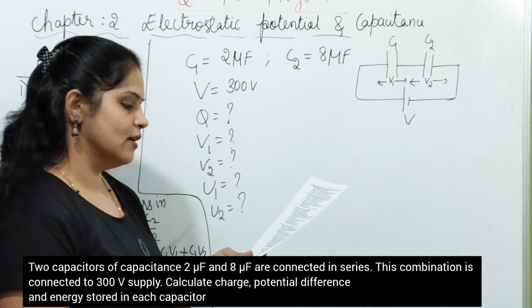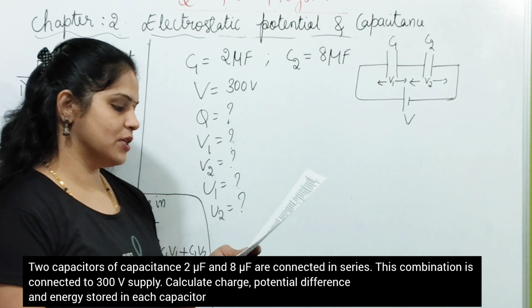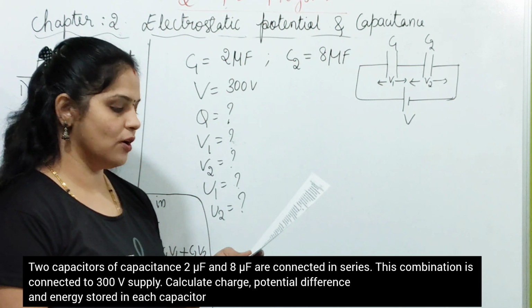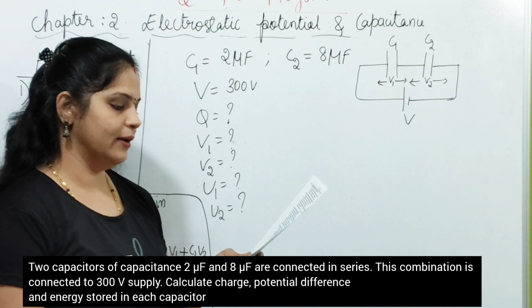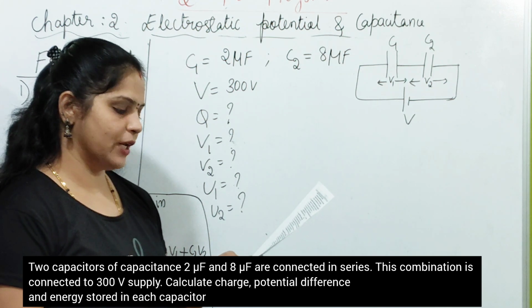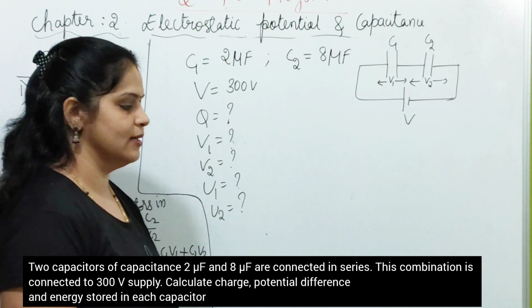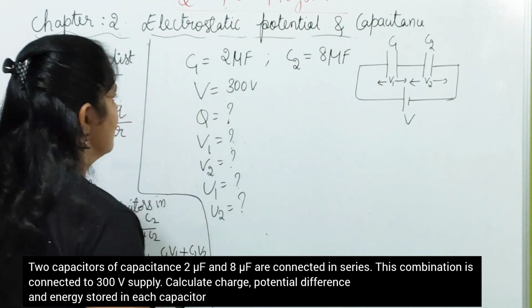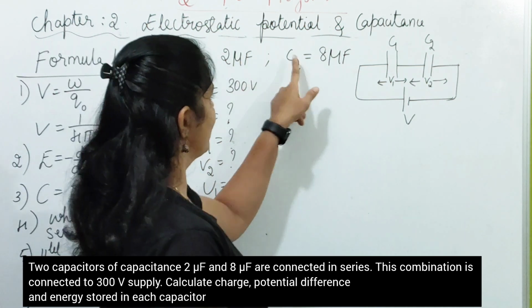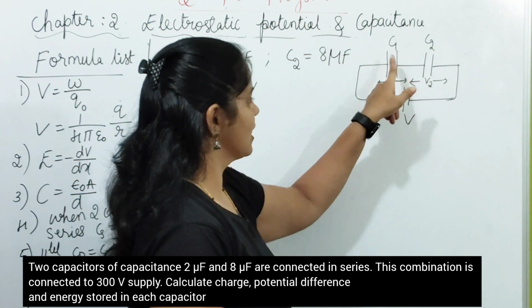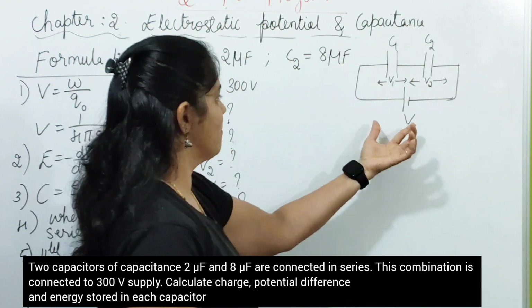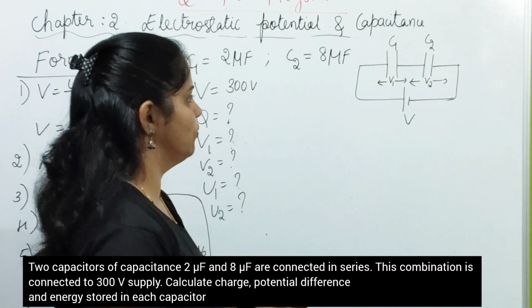Students, the next one is: two capacitors of capacitances 2 microfarad and 8 microfarad are connected in series, and the resulting combination is connected across a 300 volt battery. Calculate the charge, potential difference and the energy stored in each capacitor. So here there are two capacitors, 2 microfarad and 8 microfarad, connected in series across a battery of voltage 300 volt.